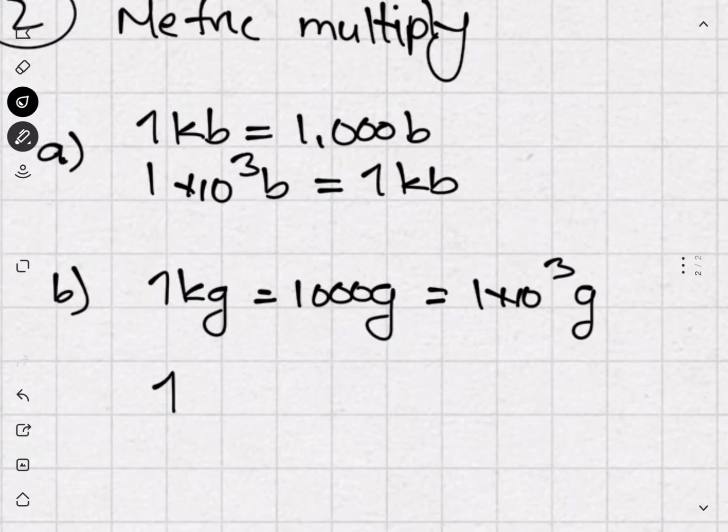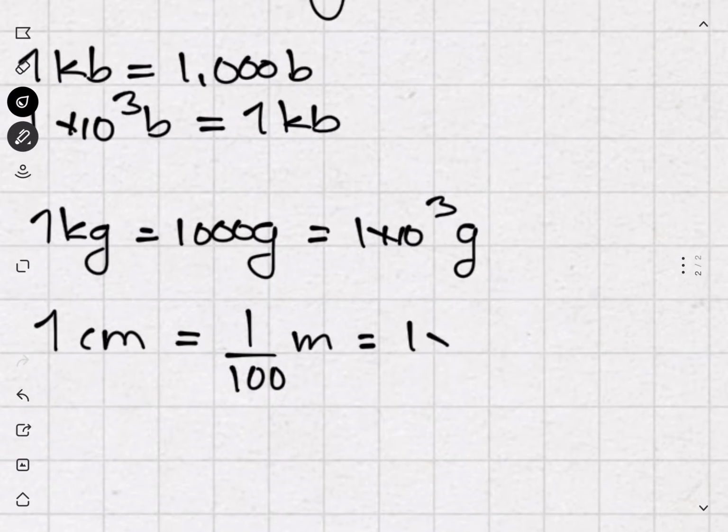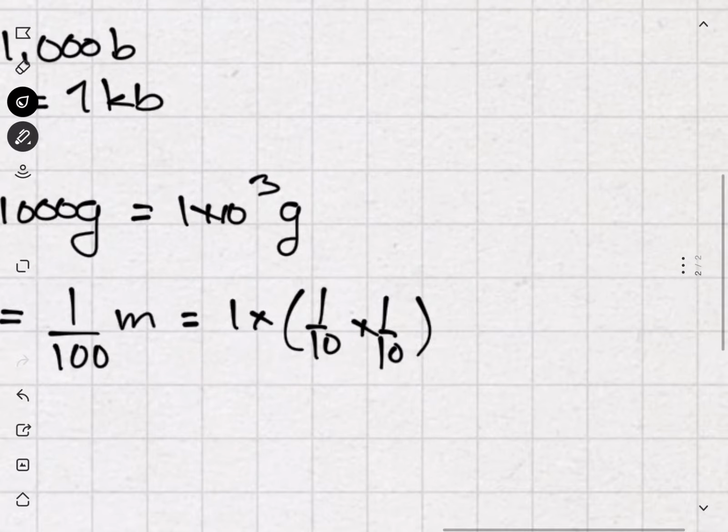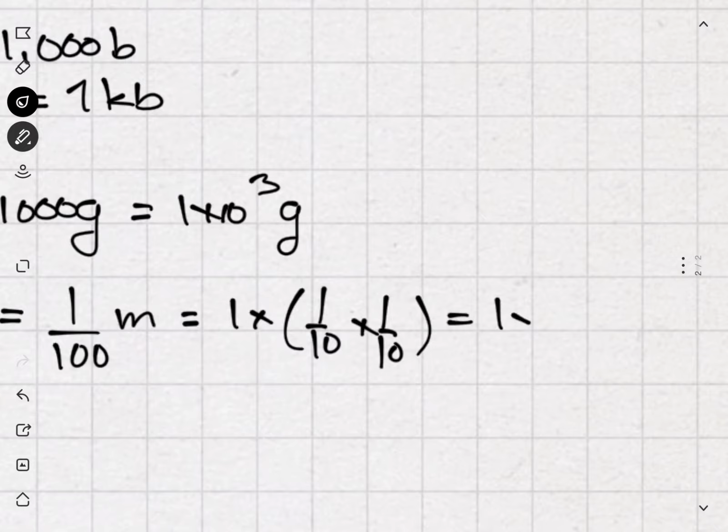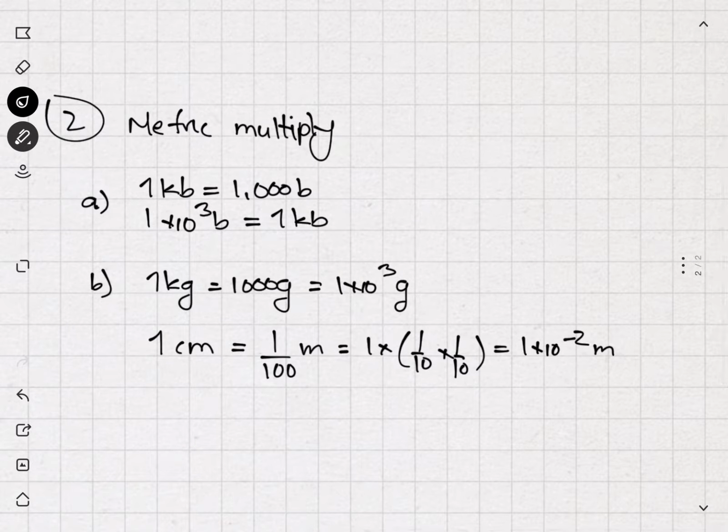1 centimeter is equal to 1 divided by 100 meters, isn't it? So, in other words, this is equal to 1 times 1 over 10 times 1 over 10. So that's equal to 1 times 10 to the negative 2 meters. So 1 centimeter, in other words, is 1 times 10 to the negative 2 meters.